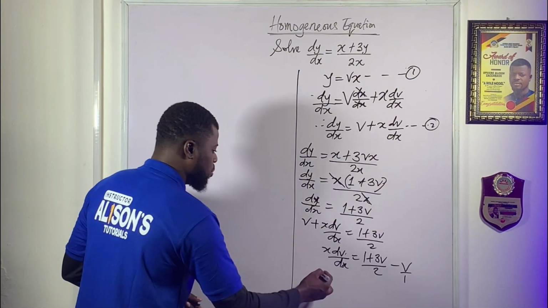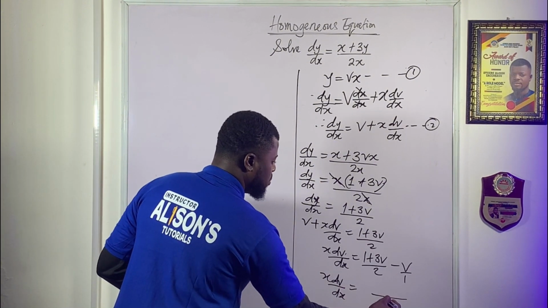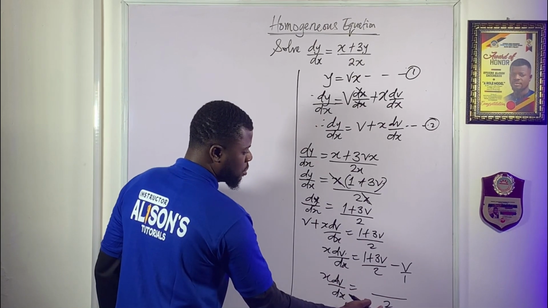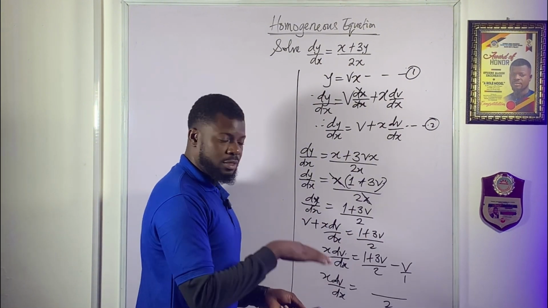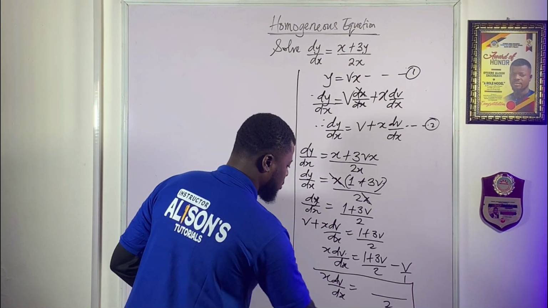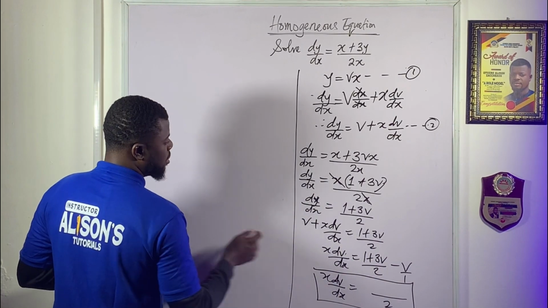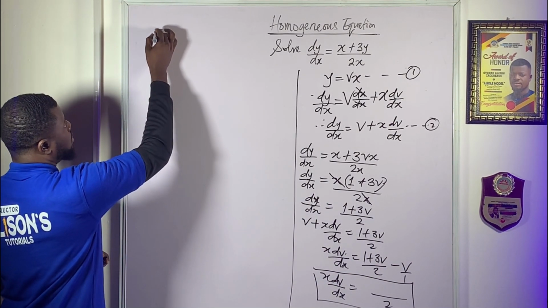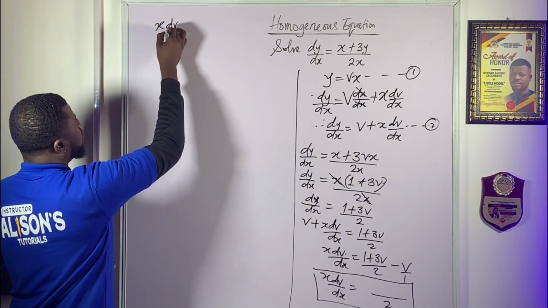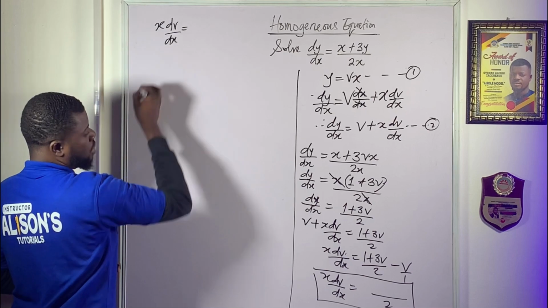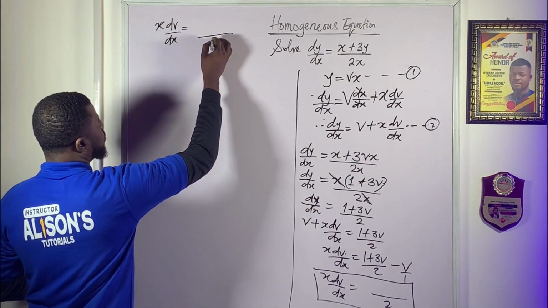So we have x dv over dx equal to, the LCM should be 2, right? Let me take this up because you probably may not be seeing this one. So let me scrape this out. Let's take it off from this point. So what we have here is x dv over dx equals, the LCM of 2 and 1 is 2.